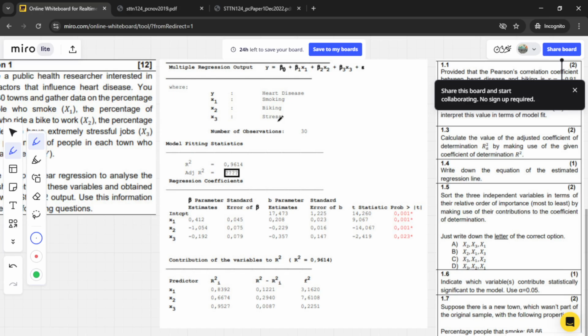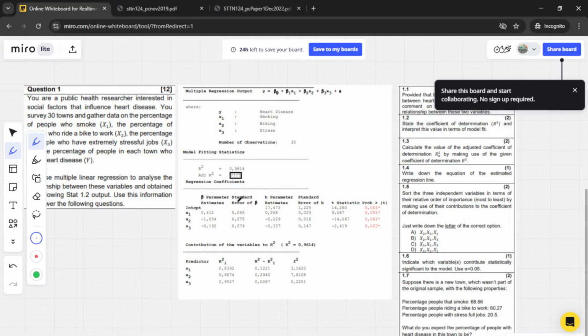So now, when they say write down the equation of the estimated regression line, they want you to write it in this form. In this form, right? All right. So now it means we're going to say y estimated is equal to, what is the value of beta 0? It is the intercept. You're going to focus on the b parameter estimates, like I said, b parameter estimates.